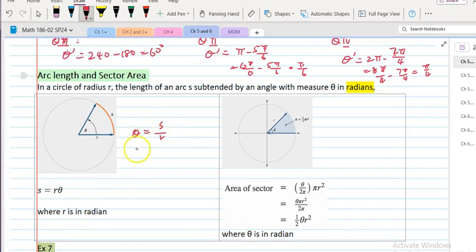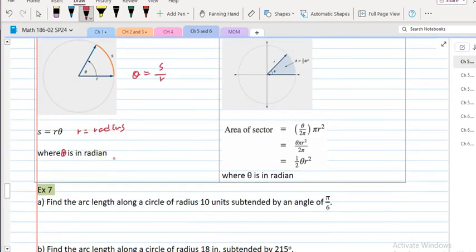So if you multiply both sides by R, you get S equals R theta, where theta is in radian and R is the radius of the circle. So if you know your angle in radian, you can find the arc length by multiplying that radian angle with the radius, and that is how long it is.